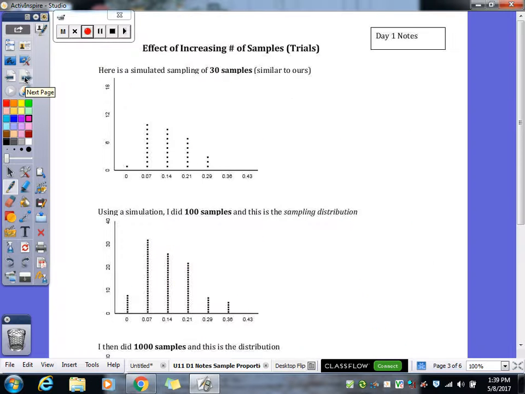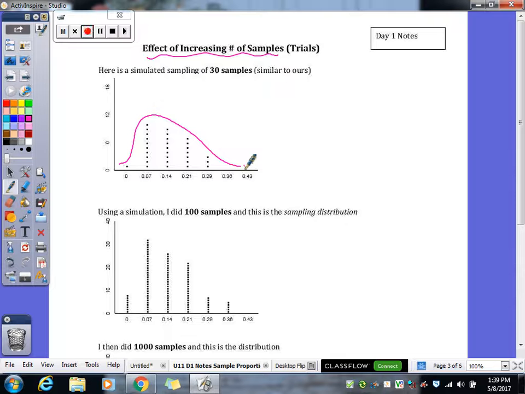So let's take a look at this. We're going to look at first what happens if we increase our number of samples. Remember, that means our number of trials. So here is a simulation of 30 samples, which is kind of similar to ours. That one looks a little bit more symmetric than ours.